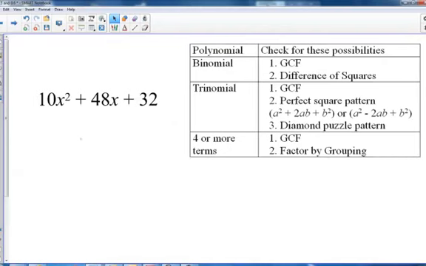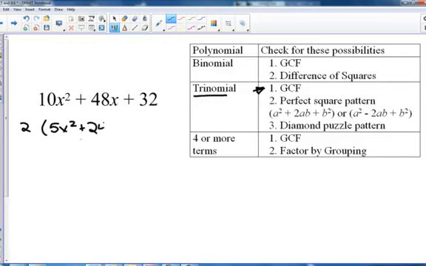So this is our first problem. The first thing I see is it's a trinomial, so I'm going to see if there's a greatest common factor, and by golly, there is. It's a 2. Now that I have the greatest common factor out, do I have perfect squares? 5 is not a perfect square, 16 is, but 5 is not, so this will not work.